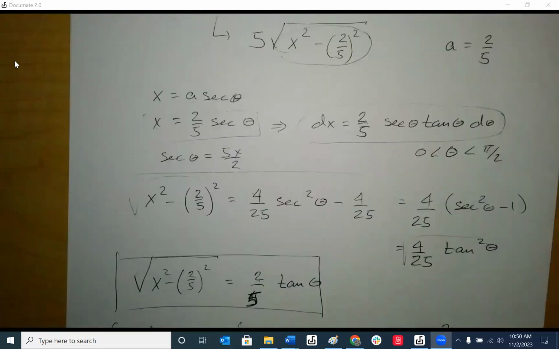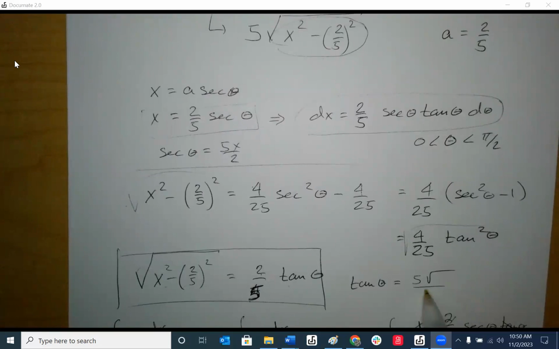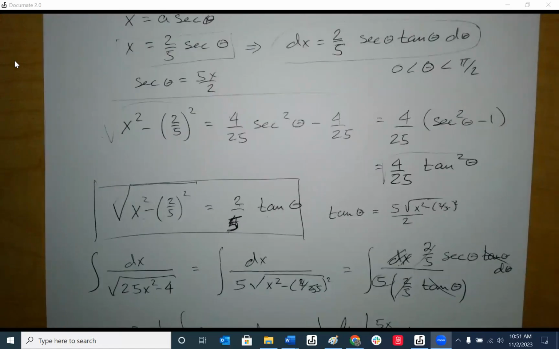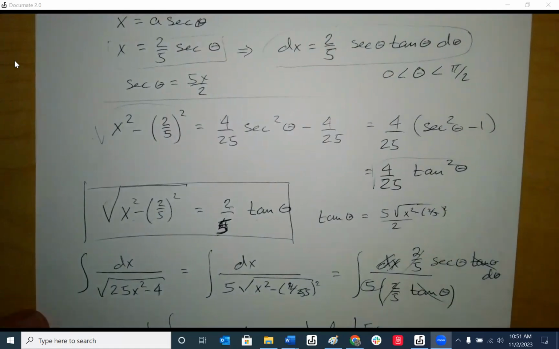The tangent part is here. So tangent theta becomes 5 radical x squared minus (2/5) squared over 2.